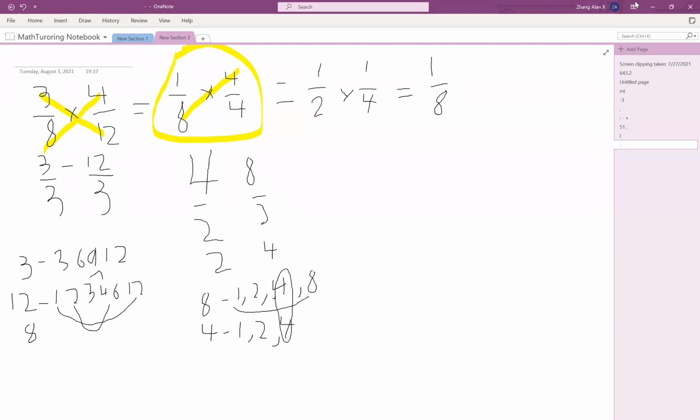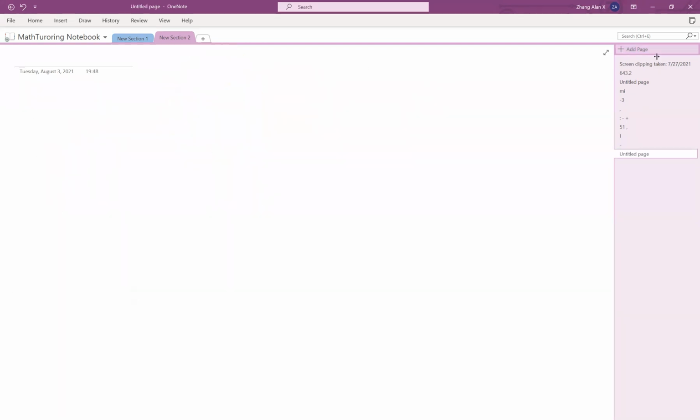Let's do one more problem, then we'll move on. Let's do an improper fraction. 1/3 times 9/5.